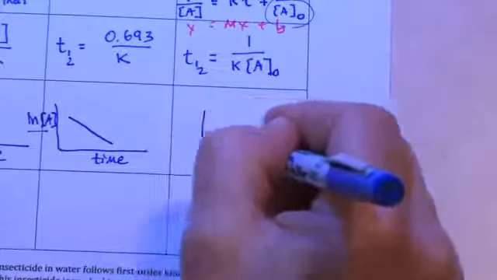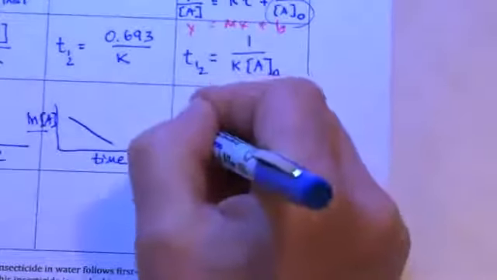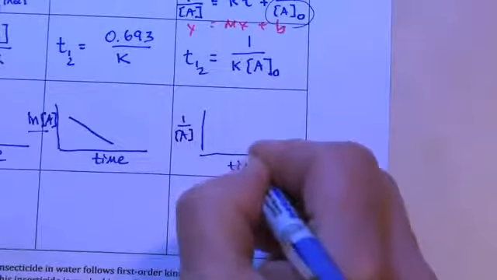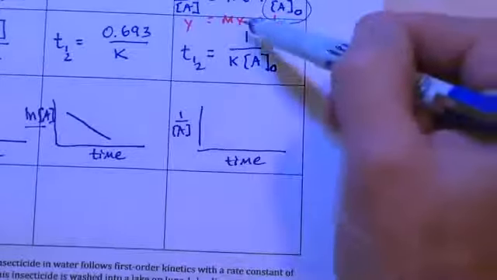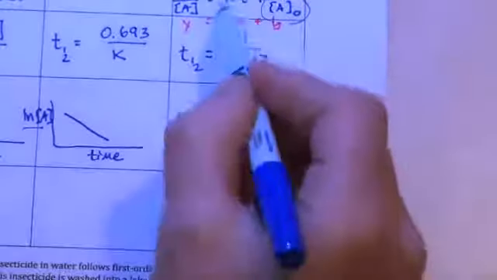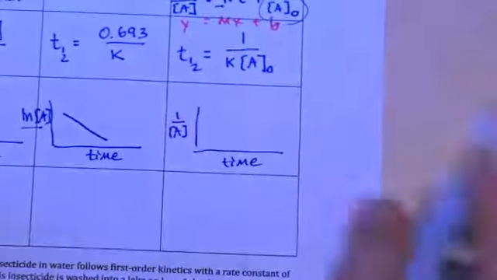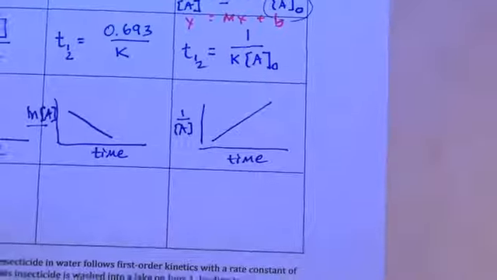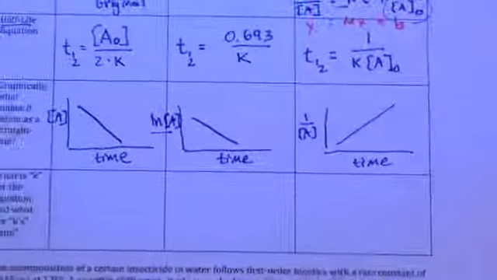And then lastly, for this one, notice that the y-axis would be 1 over the concentration, and time would be my x-axis. And notice it's a positive slope this time, and so I should see that 1 over concentration versus time gives me a straight line with a positive slope.